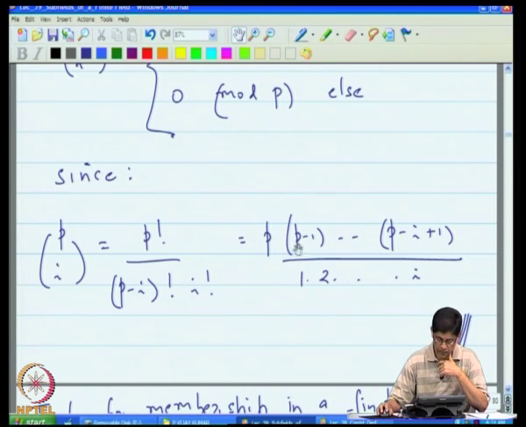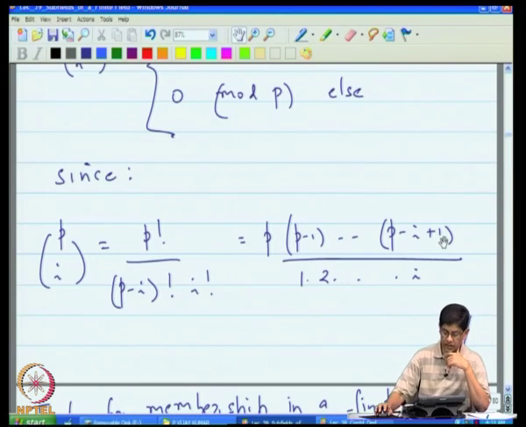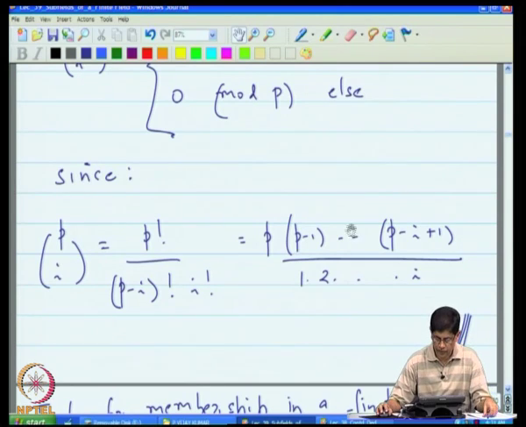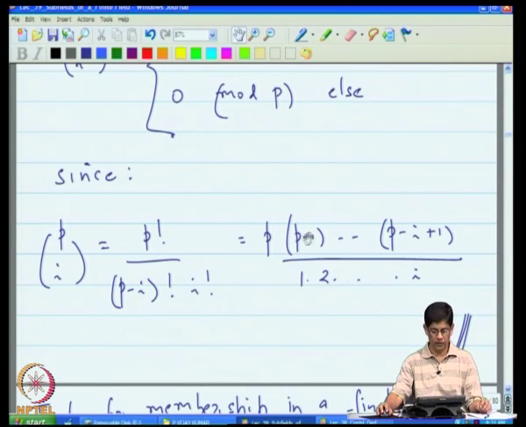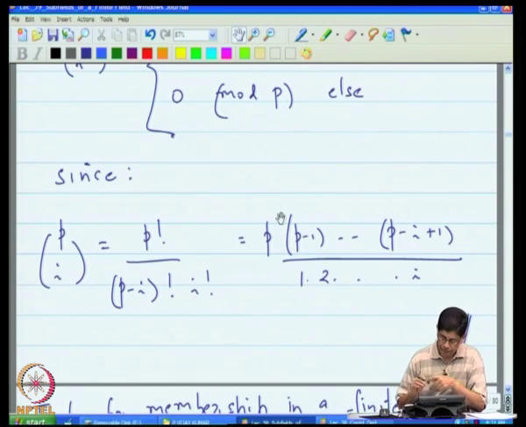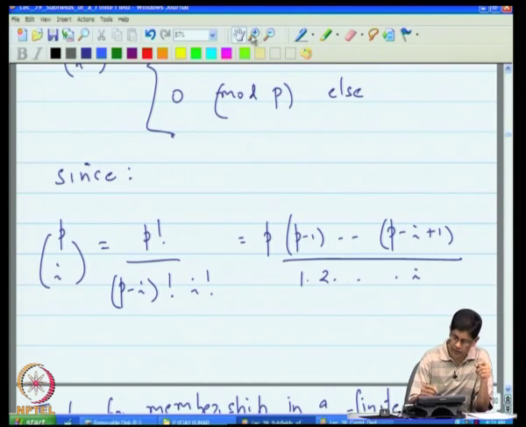So that is P into P minus 1 and so on up to P minus I plus 1, and then you have 1, 2 through I, and you can see that this is a multiple of P, because P does not divide any of the others, and P being prime cannot have any of its factors contained in the denominator.